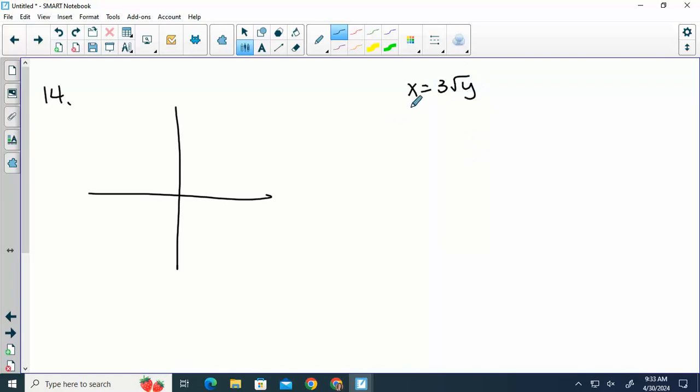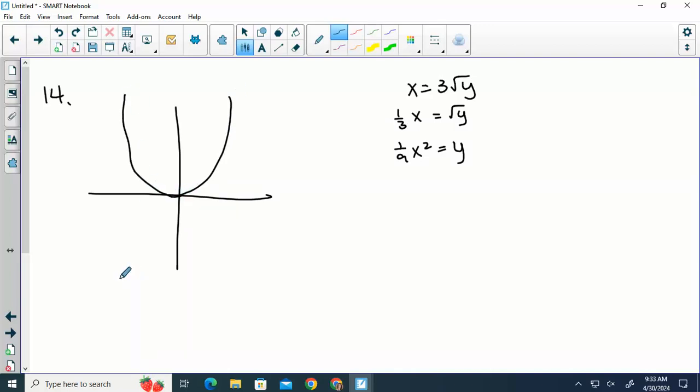Okay, if you were trying to figure out what that looked like, you could solve for y: y squared is 1/9 x squared. We know x squared is a parabola, so we're talking about a parabola, something like this.